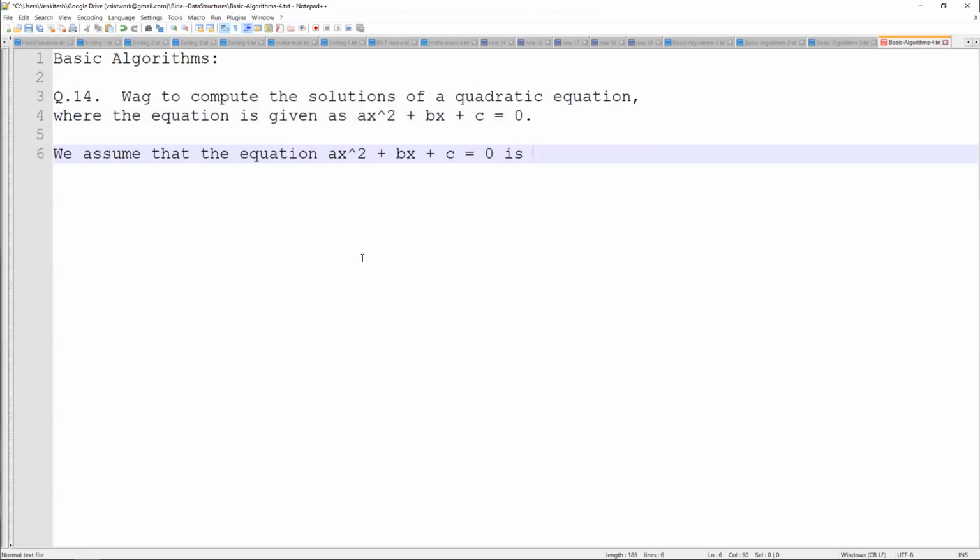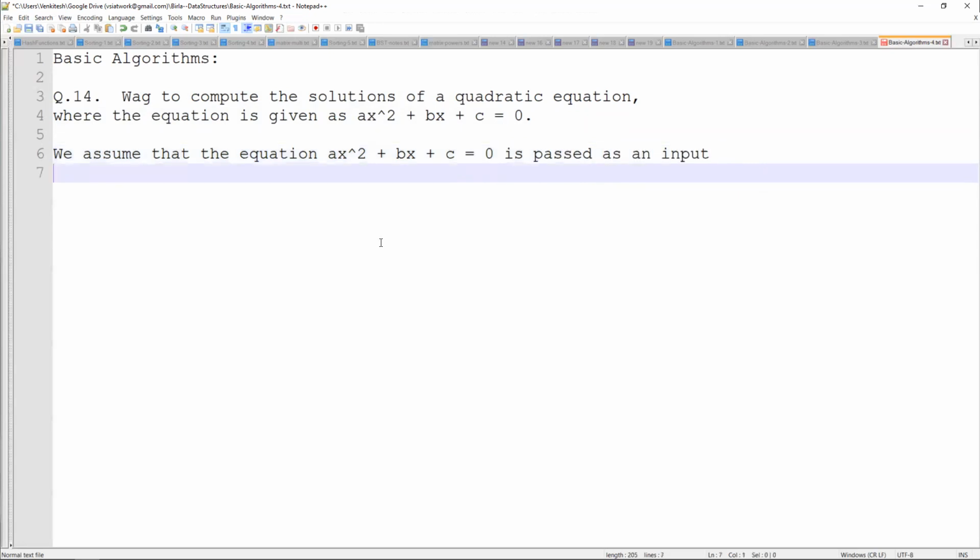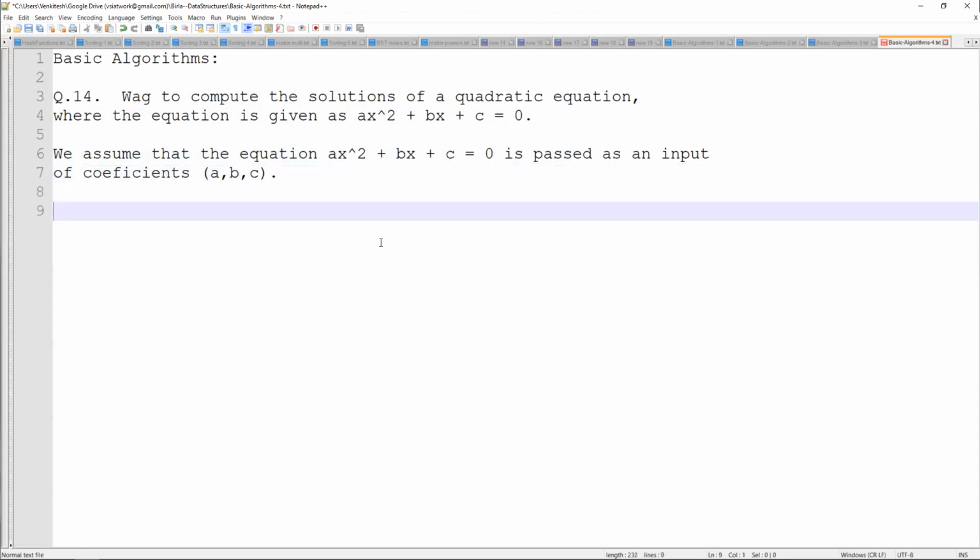So we'll assume that this equation is passed as an input of coefficients a, b, c. Okay. If I give you this 3-length vector a, b, and c, then you know what the equation is, right? All right. So let's write that.